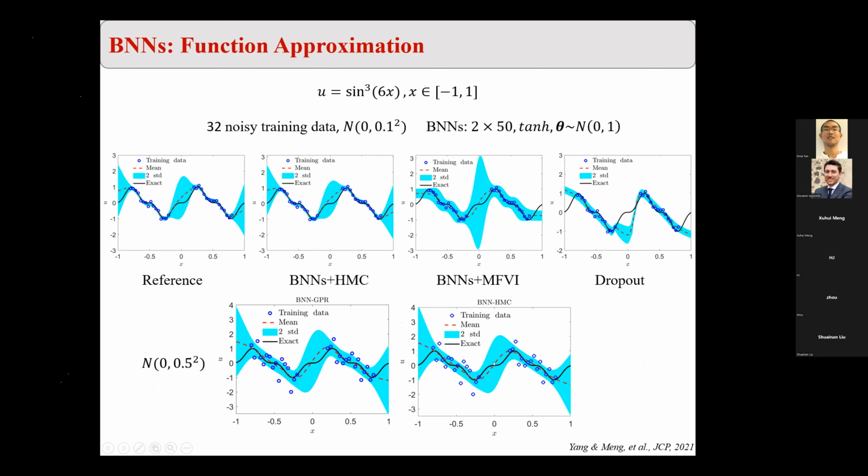As we can see, in this case we still didn't get an overfitting result. And the computational errors between the predicted mean and the reference solution are also bounded by two standard deviations, bounded by the predicted uncertainty here.